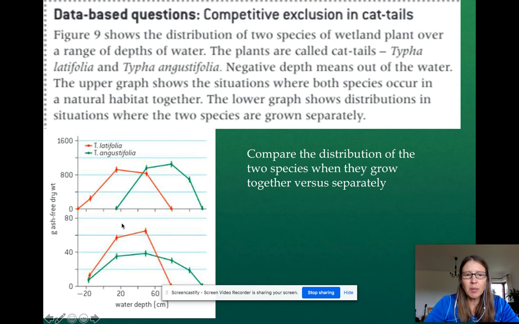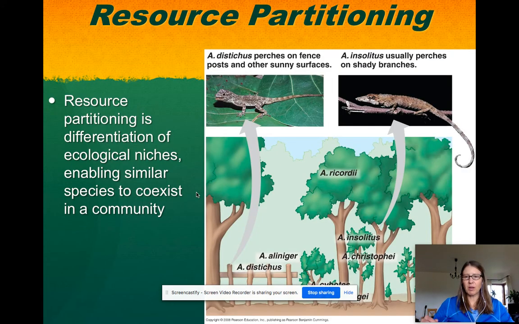It's a little bit inhibited in comparison to what it was before, but it seems to do pretty well out of the water, in the negative depths. So you can see this one's doing just fine, but with competition, this one gets relegated to its realized niche.